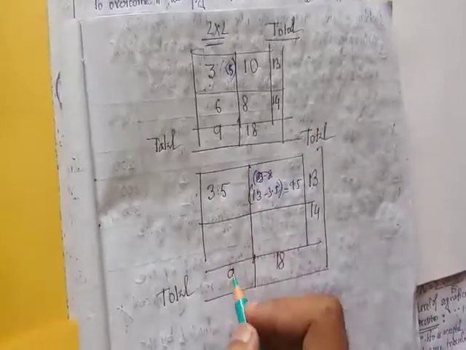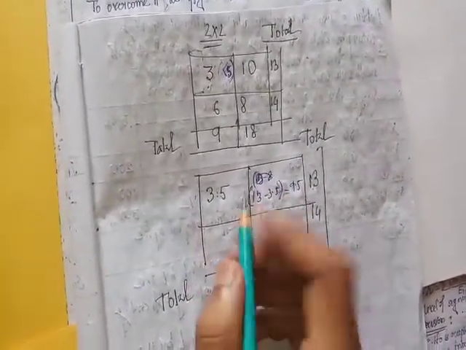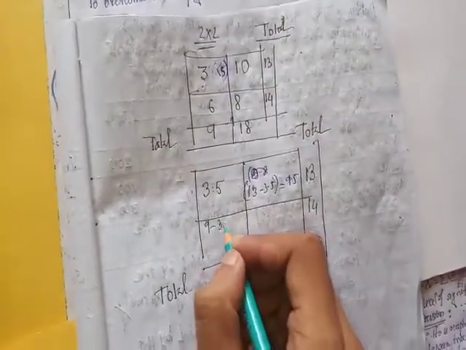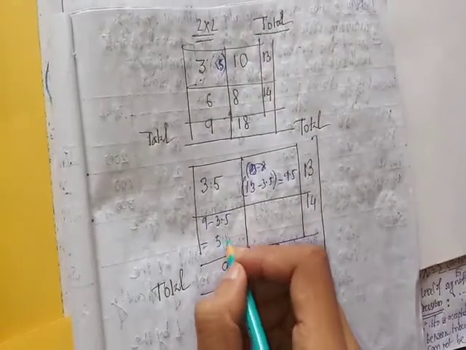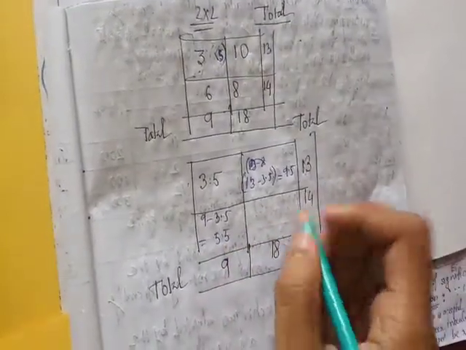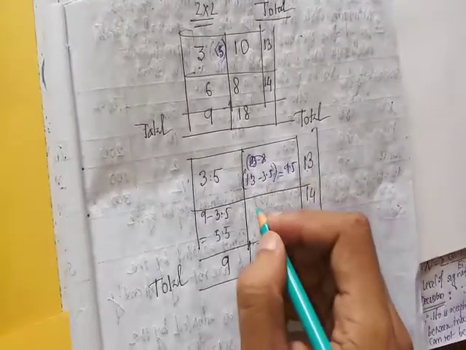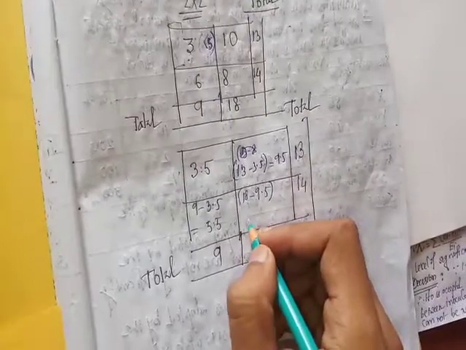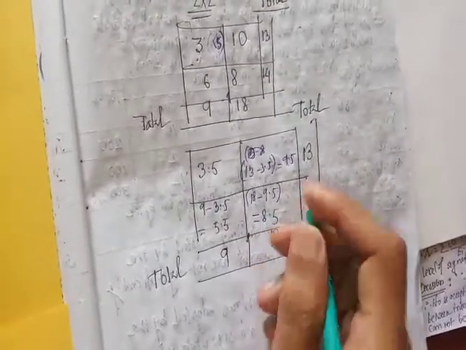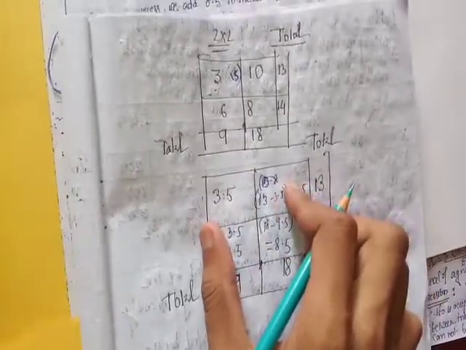Here the total is 9, this is 3.5, so this observed frequency becomes 9 minus 3.5, that is 5.5. Since the total sum is 18 and this is 9.5, this becomes 18 minus 9.5, that is 8.5. Clear? So these are the new observed frequencies.